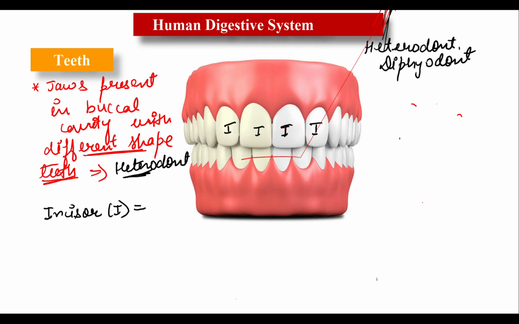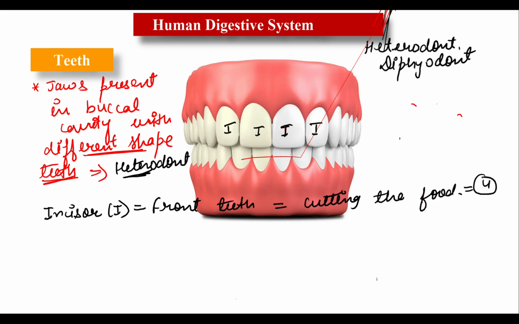Can you tell me what you do with your front teeth? These are also known as the front teeth. Yes, beta, these are responsible for cutting the food. Clear? So these are the incisors. Their number is 4.